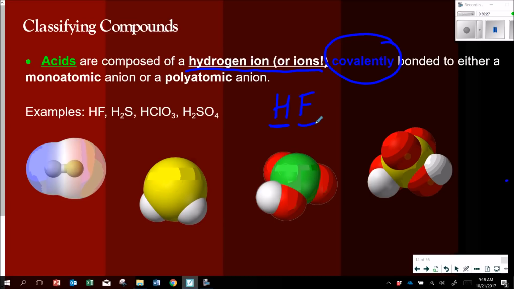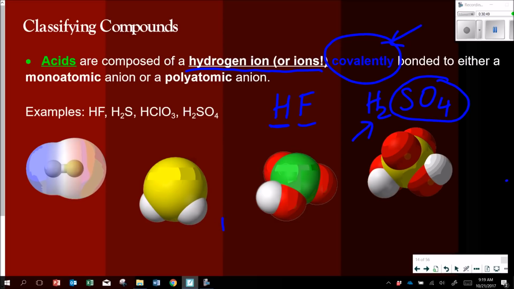Then if we look at one with a polyatomic ion, we could have H2SO4. We have 2 hydrogen ions bonded to the sulfate polyatomic anion. It is really important that you realize that acids are classified as covalent compounds also.